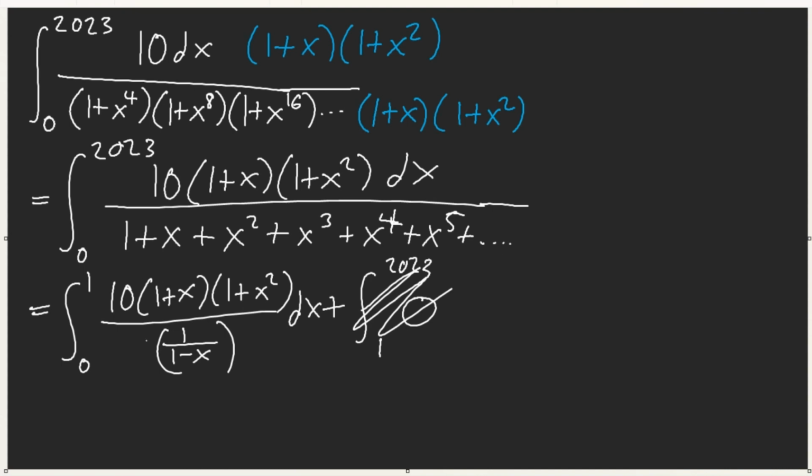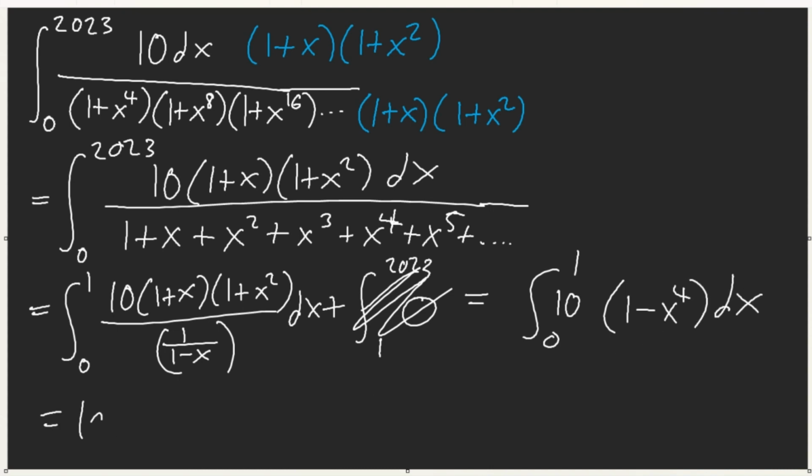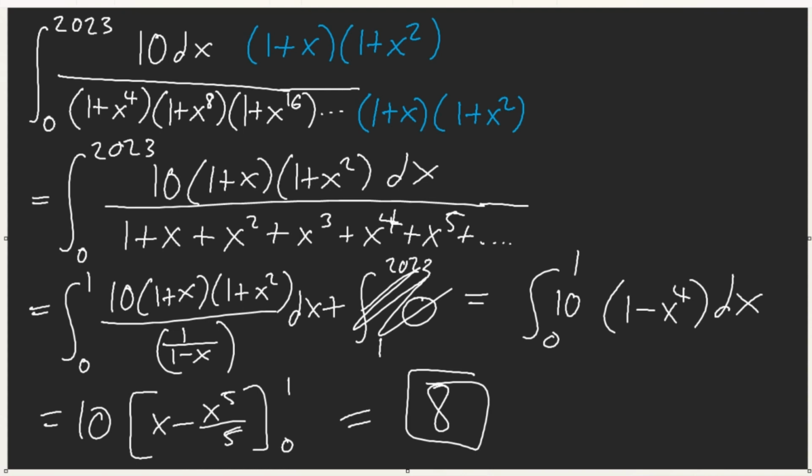So what we actually have is our integral from 0 to 1 of 1 minus x to the power of 4 dx. Cool. Now we have x minus x to the 5th over 5 from 0 to 1. 1 minus 1/5 is 4/5. It seems that our answer is equal to 4/5.